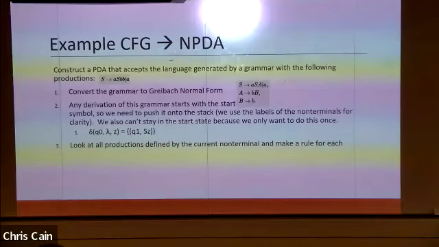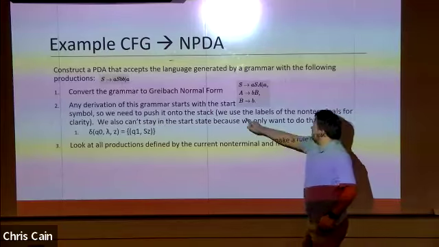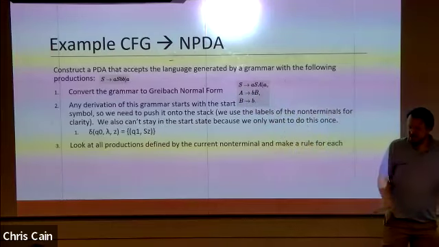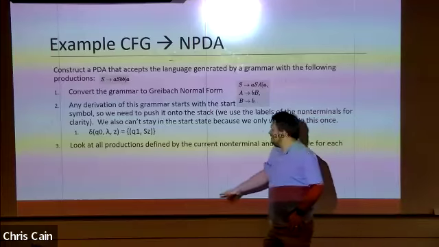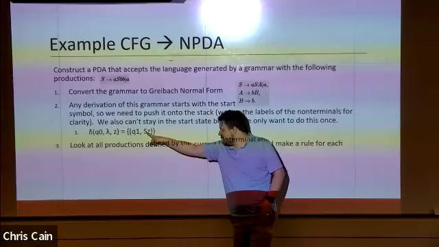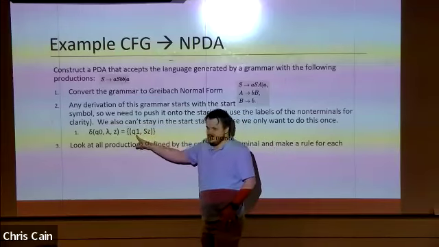We can look at all productions defined by this non-terminal symbol, and we need to make a transition rule for each of them. Because if we pop this S, we can replace this S with one of these two rules. So we need a transition out of this state, Q1, when we pop this S, because it's the only thing that can be on the stack going into state Q1.